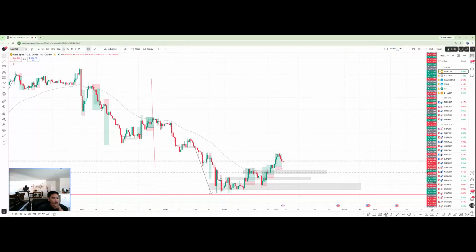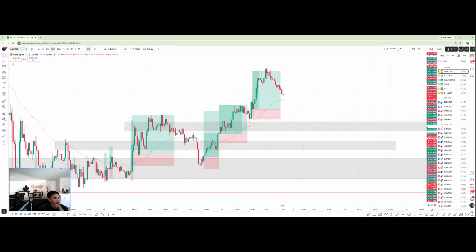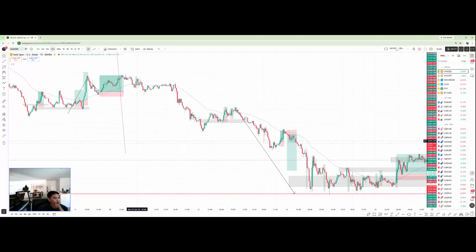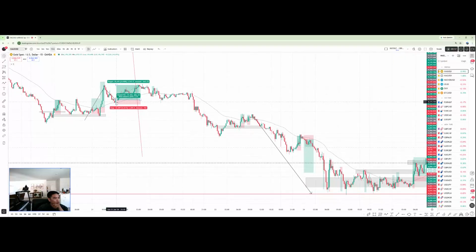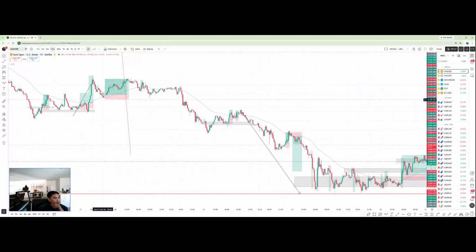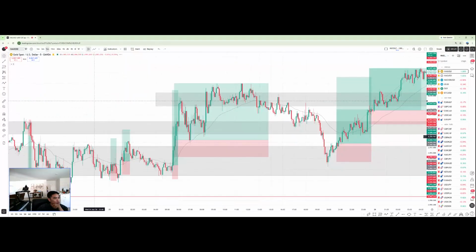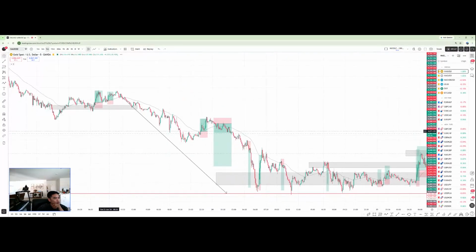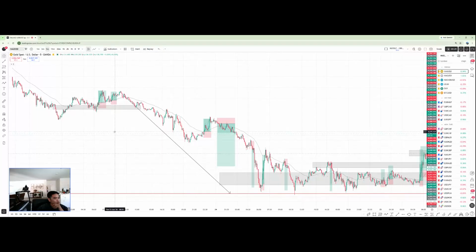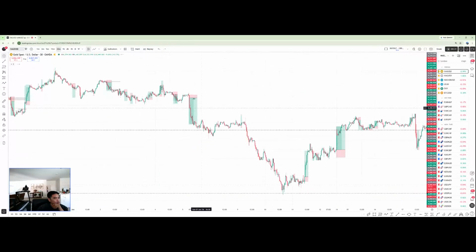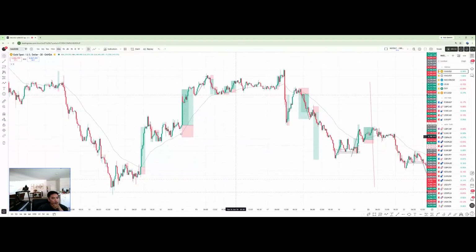Sunday, I saw this one right here, a pretty fat bullish engulfing. So I was waiting for a higher low. When you go to 5 minutes, I have an entry of bullish engulfing there.